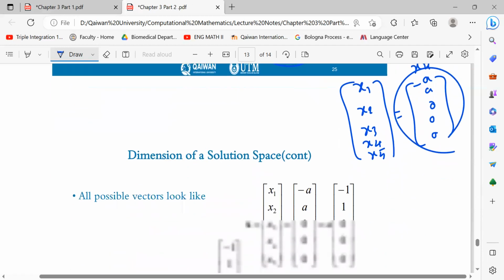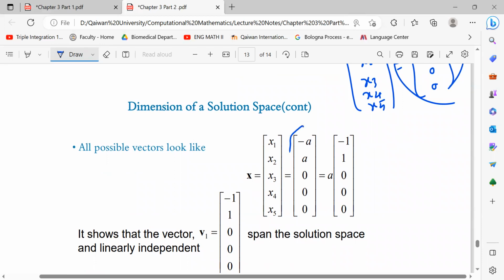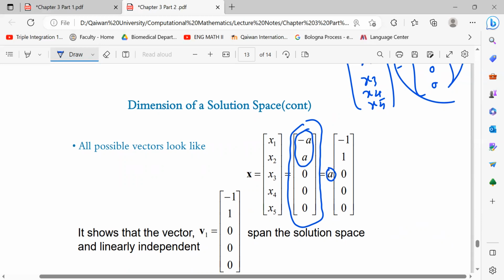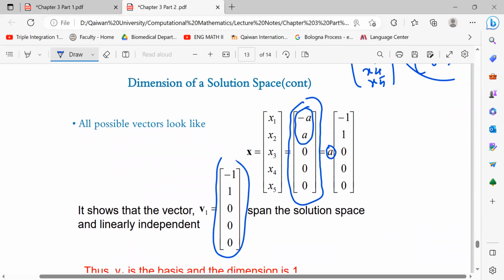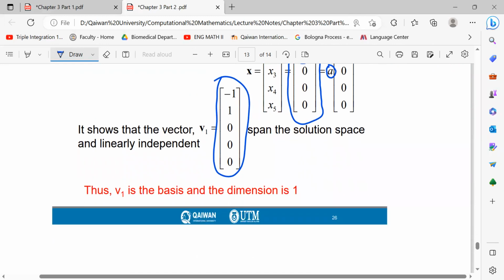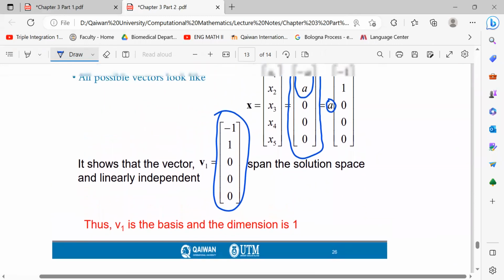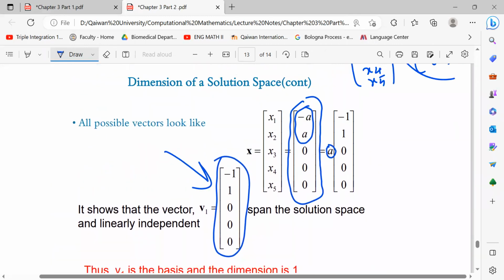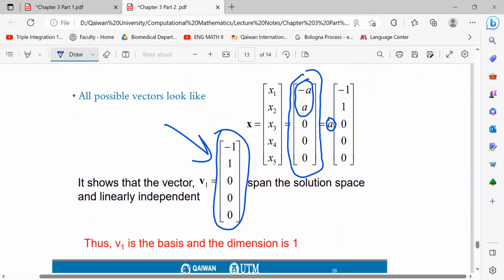We have only this vector. And here you can take a as the common factor, and we get this vector. So this vector is the solution actually. Okay, so v1 is the basis for the system.